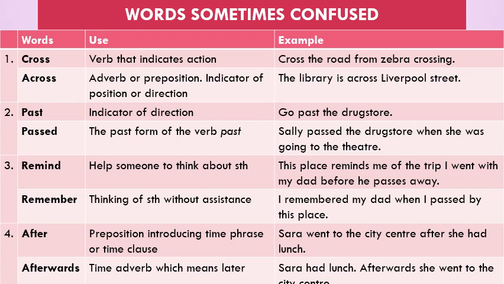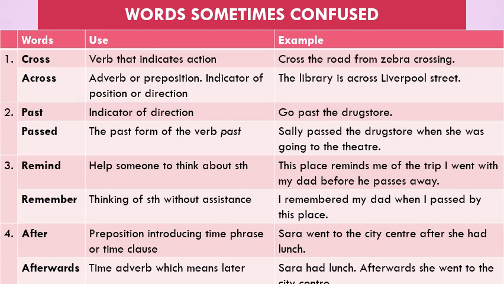When you ask somebody to cross the road from the zebra crossing, they call it zebra crossing because it is black and white, similar to the zebra. And if you use across, on the other hand, across is an adverb or preposition which indicates your position or the direction.